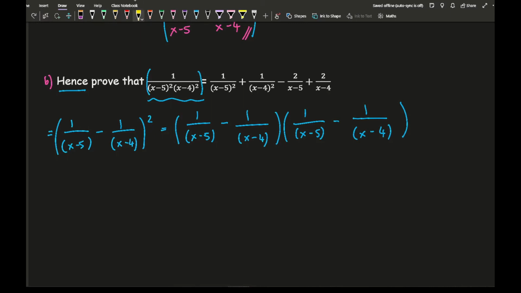So in terms of this, we just expand this out just like we did with normal quadratics. So I'm going to use loops, or FOIL as you may use. So I've got 1 over x minus 5 multiplied by 1 over x minus 5, which is going to give me 1 over x minus 5 squared. Moving on to the second one, I've got the first term in the first bracket multiplied by the second, so I end up with minus 1 over x minus 5 times 1 over x minus 4.